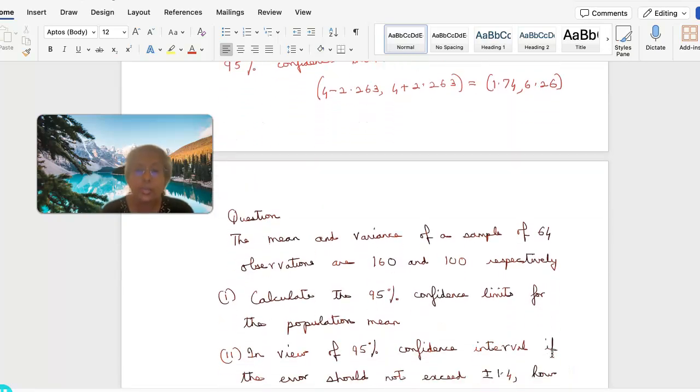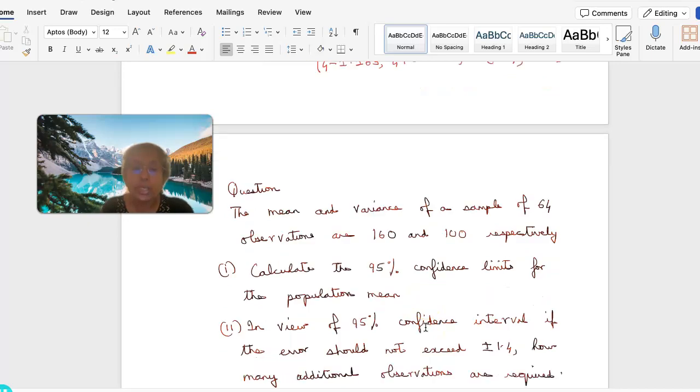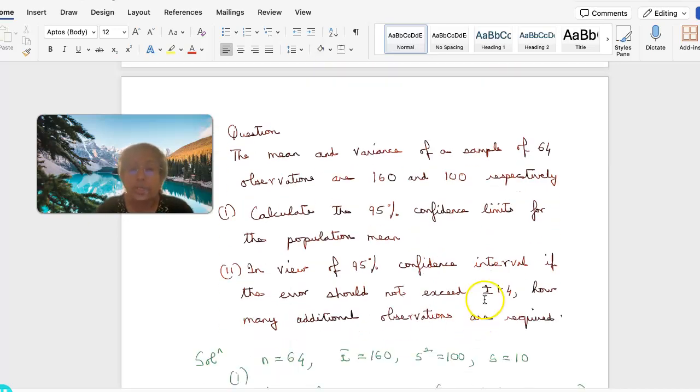Now coming to the next question. The mean and variance of a sample of 64 observations are 160 and 100 respectively. Calculate the 95% confidence limits for the population mean. In view of the 95% confidence interval, if the error should not exceed plus or minus 1.4, how many additional observations are required? So n is 64 and x bar is 160, s squared is 100, so s is 10.